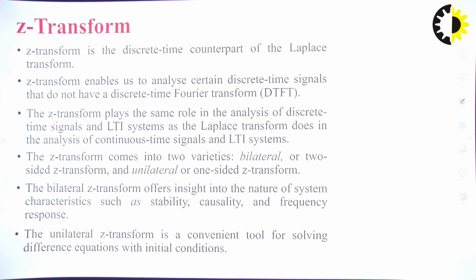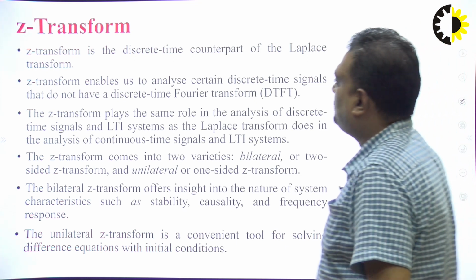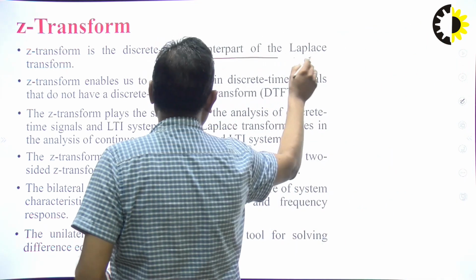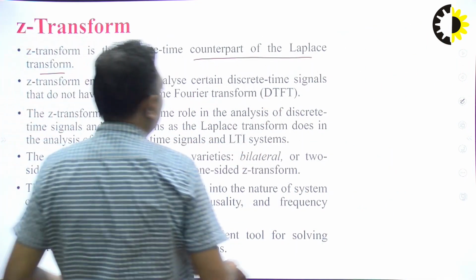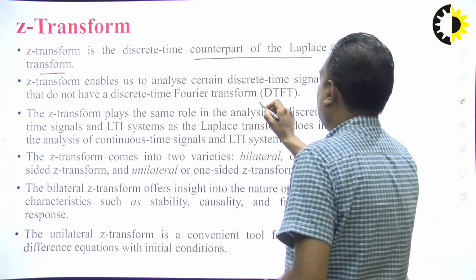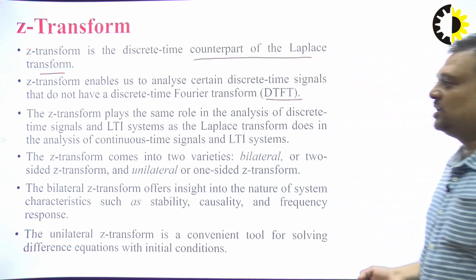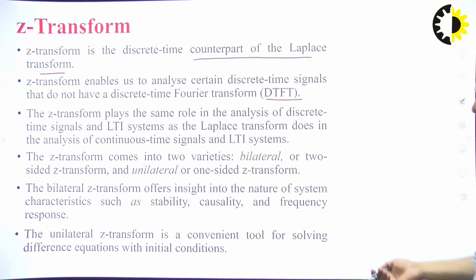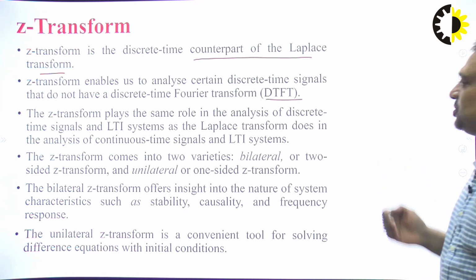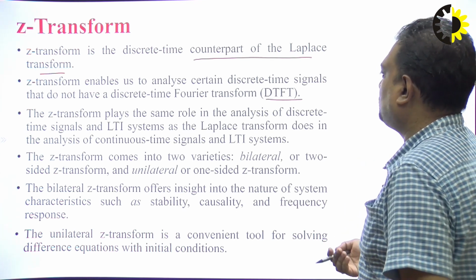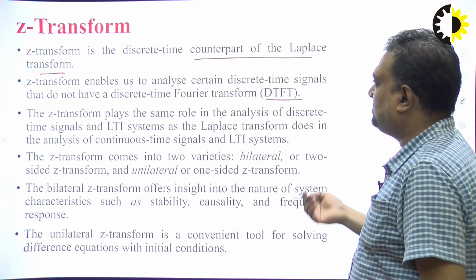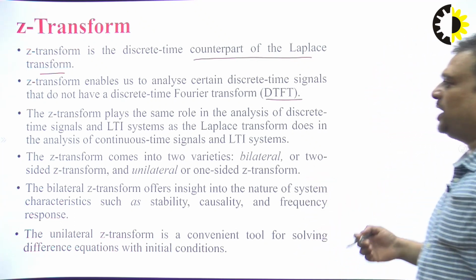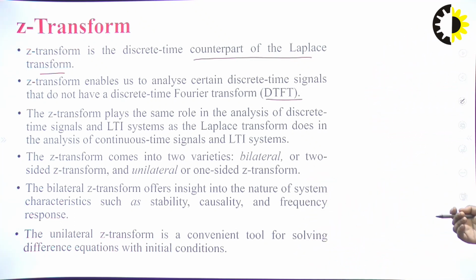Now come to another transform, the Z transform, which is basically the discrete-time counterpart of the Laplace transform and also an extension of the DTFT. There are some signals for which we cannot apply the DTFT because of convergence issues, and in those cases we can use the Z transform. The Z transform plays the same role in the discrete domain as the Laplace transform in the analog domain.